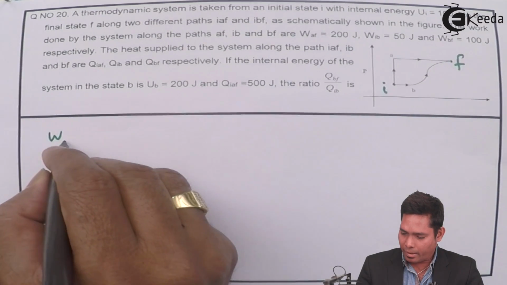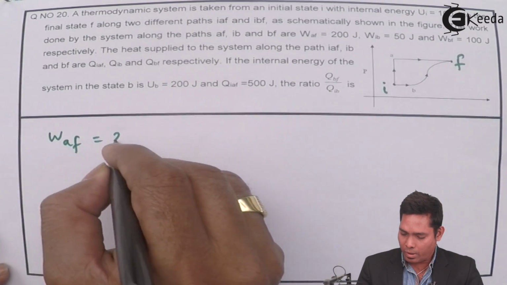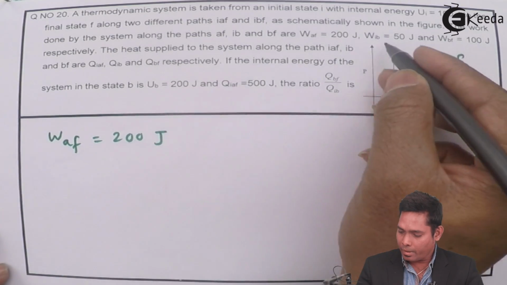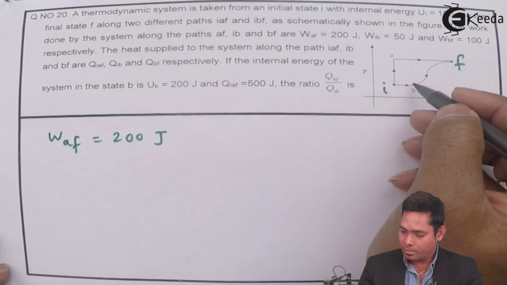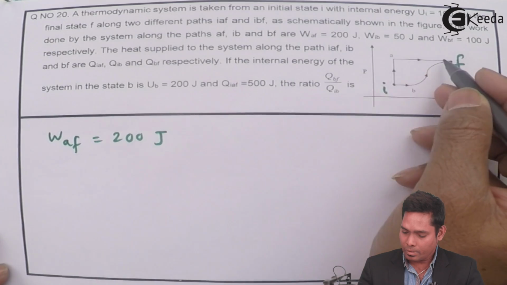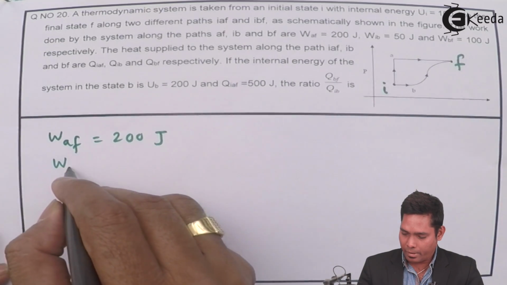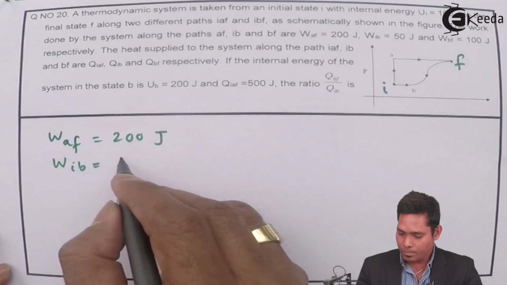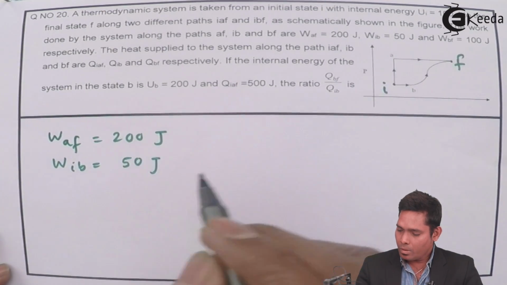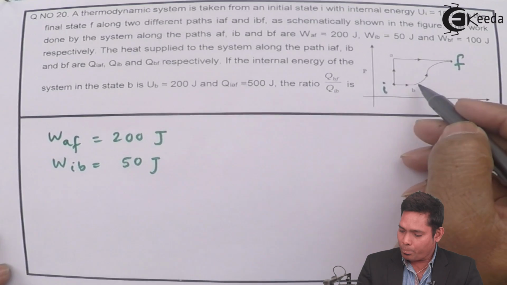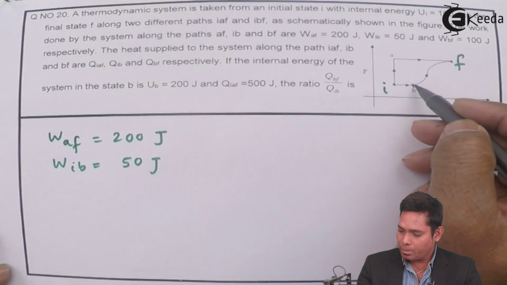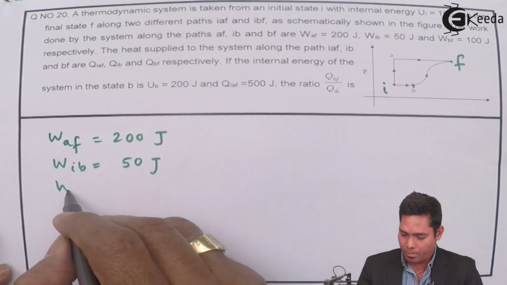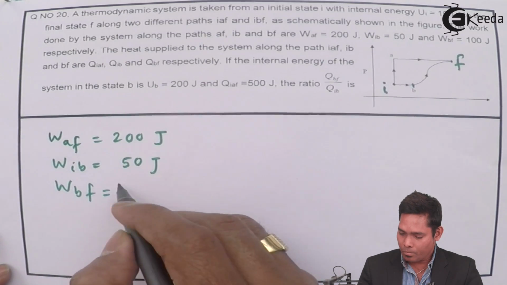Work done by AF is 200 joule, and work done by IB along this path is 50 joule. And work done from B to F, work done by BF, is 100 joule.